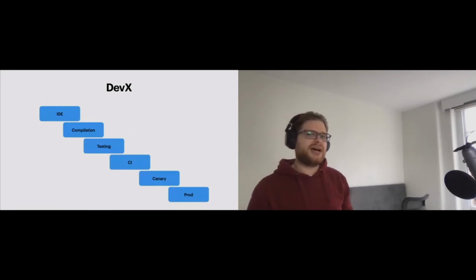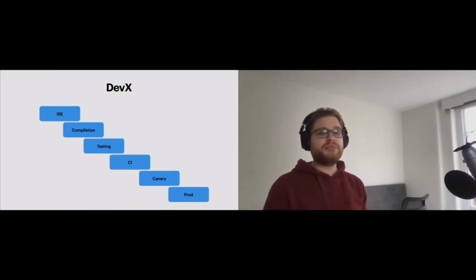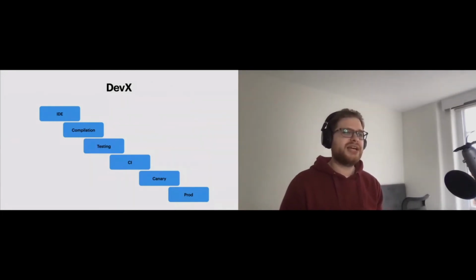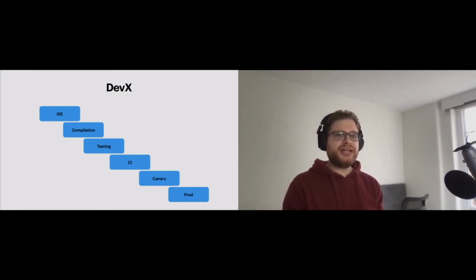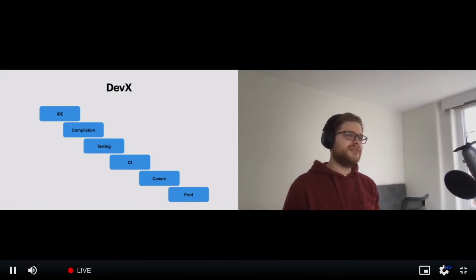And this comes to an interesting idea in developer experience, where we have phases where the code lives and how people use the code. You first use the IDE to write your code, then you run the compiler to compile it and get some feedback there.